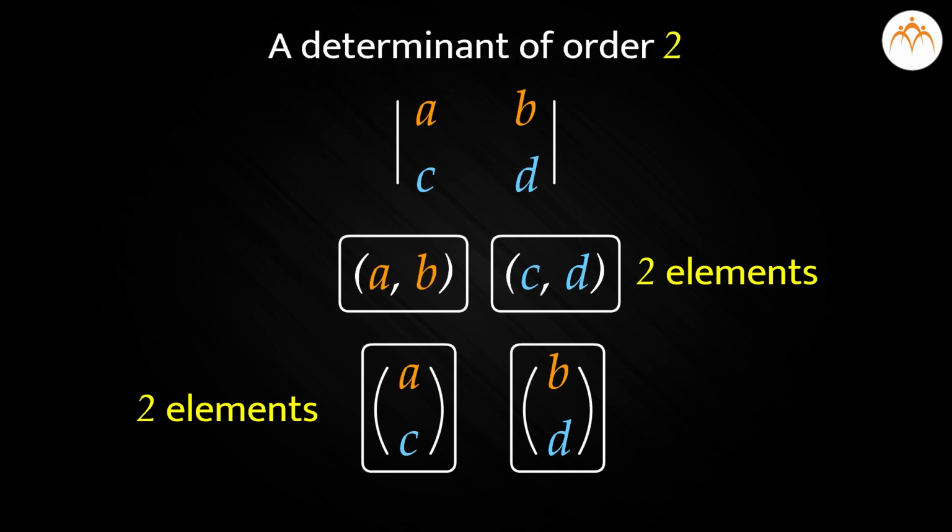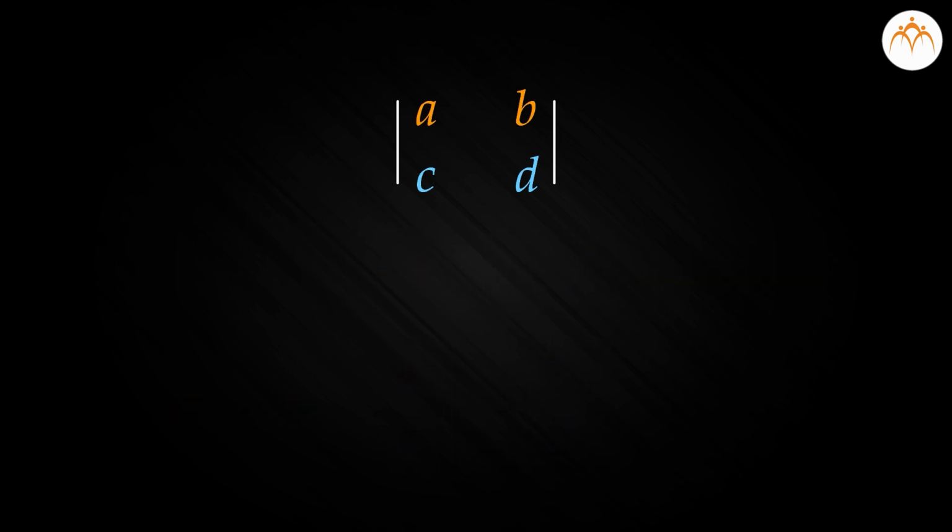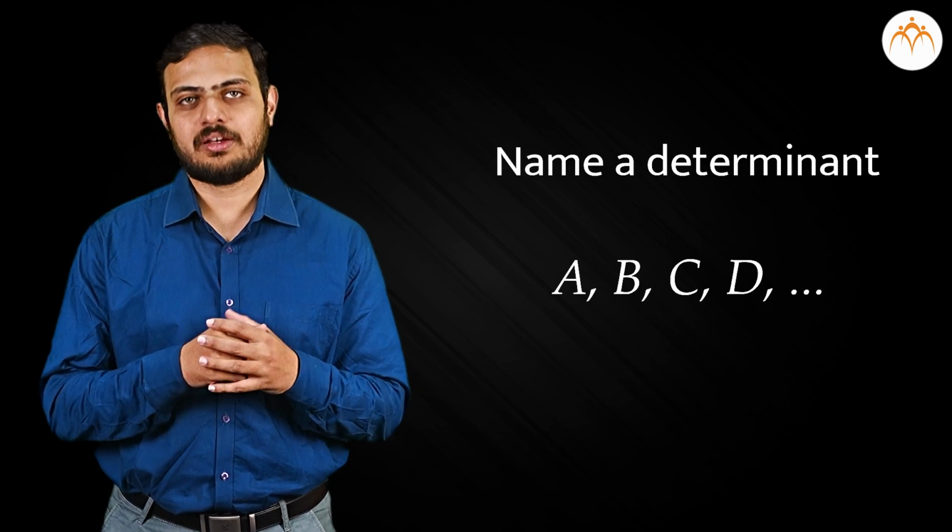A determinant of this type is said to be of order 2. The value of the determinant a, b, c, d is ad minus bc. English capital letters A, B, C, D, etc. are used to name a determinant.